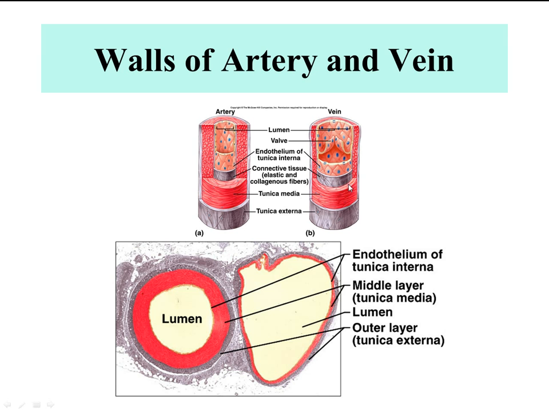The walls are much thinner, the lumens much larger, and the vein is going to have valves where the artery does not. These valves prevent the blood from flowing backwards, so blood will flow only toward the heart and not away from the heart in a vein or a venule.